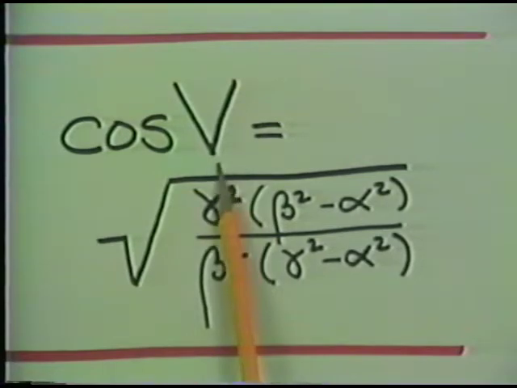The cosine of V, which is of course half of the 2V angle, is equal to the square root of gamma squared, this is the gamma refractive index, times beta squared minus alpha squared, divided by beta squared times gamma squared minus alpha squared. Okay, this is the geometric constraint. So the minute that I tell you the gamma, beta, and alpha indices of a mineral, you can immediately sit down and calculate its 2V angle by using this particular kind of equation.